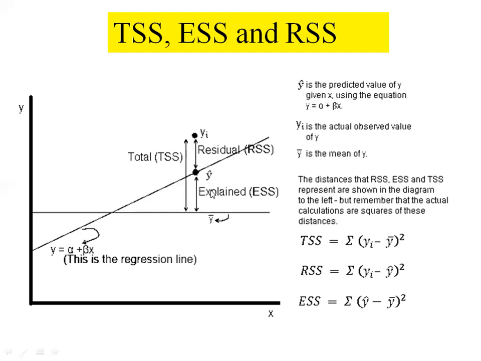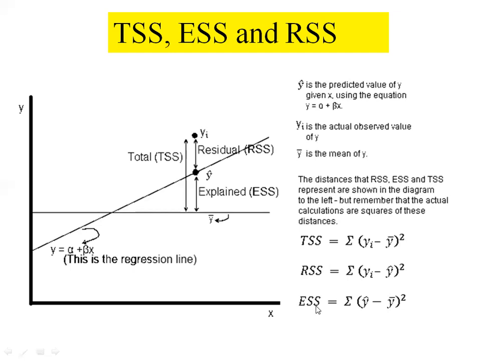So what is TSS? We know it very well. It is the sum of the squared differences between individual yi value and the mean of y. This is TSS. And this regression line is able to explain only some part of the TSS. That part which is explained is called ESS. Now you see the ESS formula. TSS, total sum of squares, is equal to summation of yi minus y bar whole squared.